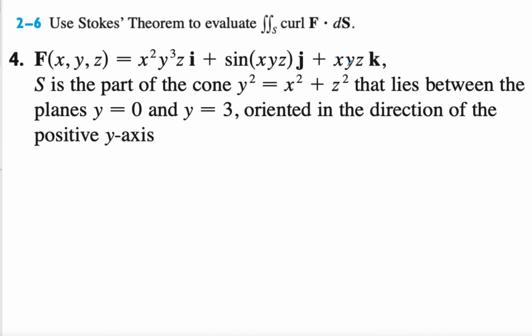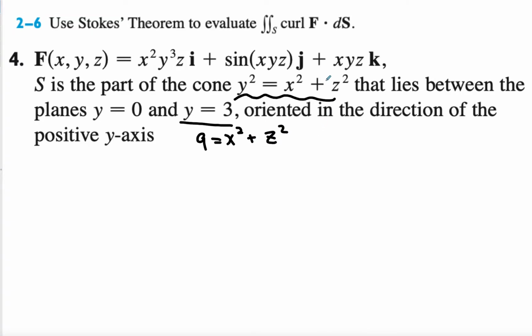But instead of doing the surface integral, in this case we're going to use the line integral. When you look at it, S is a part of a cone where y goes from 0 to 3. The boundary, when y is 3, creates a circle. So in fact what I'm getting is 9 equals x squared plus z squared.